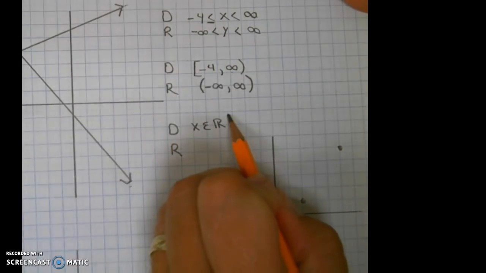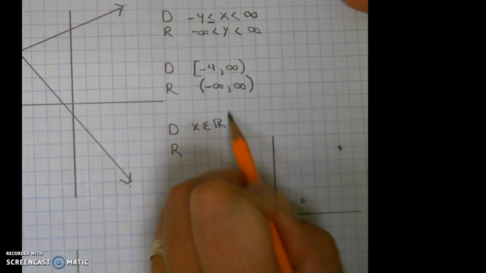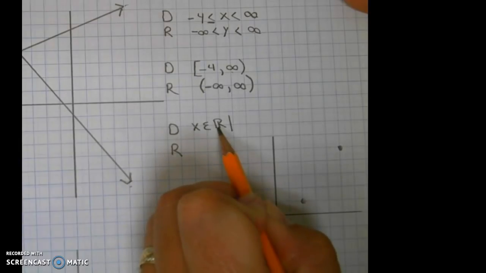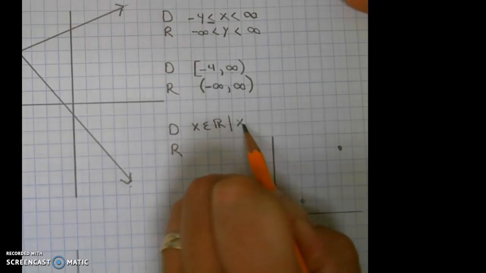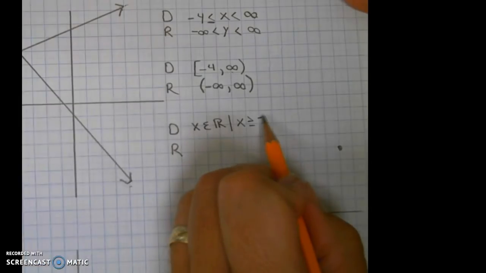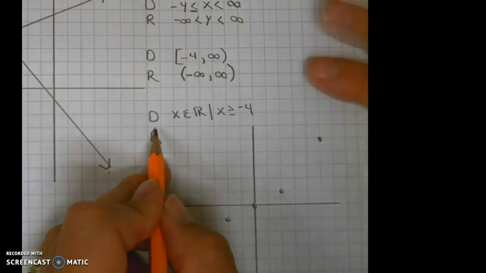So we're going to put a line afterwards, and this means such that in math. X is an element of all real numbers such that x is going to be greater than or equal to -4. And that would be your set notation.